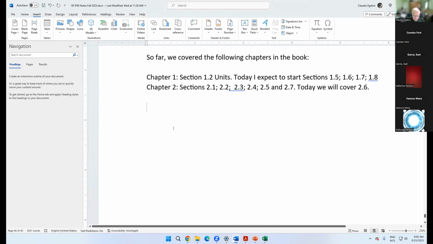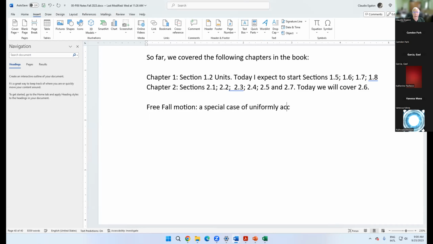Now let's start talking about free fall motion. Free fall motion is nothing but a special case of uniformly accelerated motion.